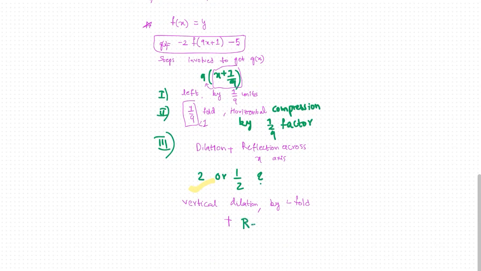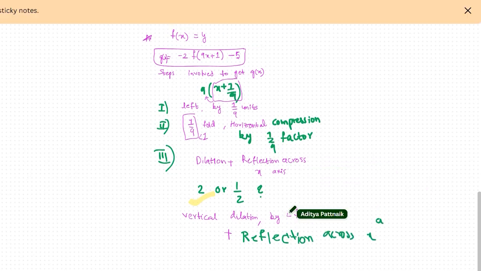I thought we already did that. Okay, I have not written that. Yeah, reflection. What is the last step in the process? You go down by 5 units. So this is the process.